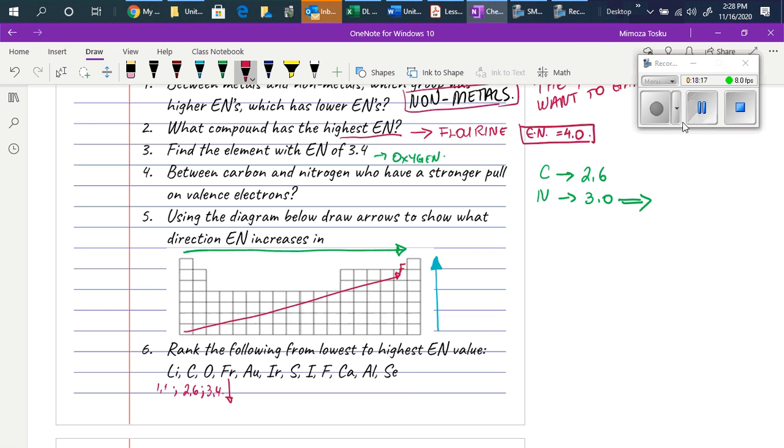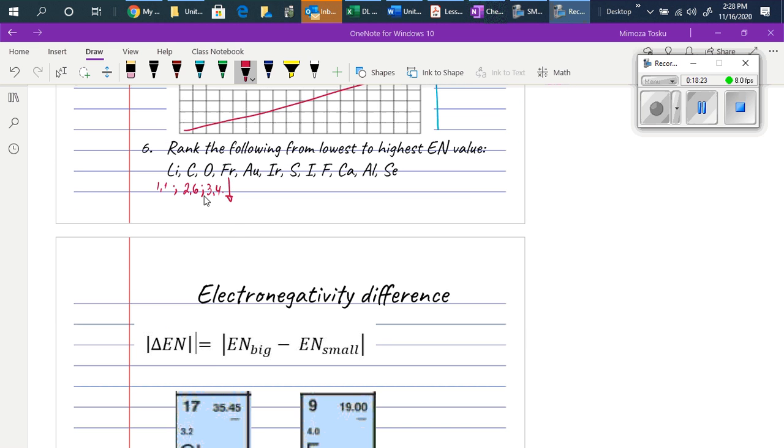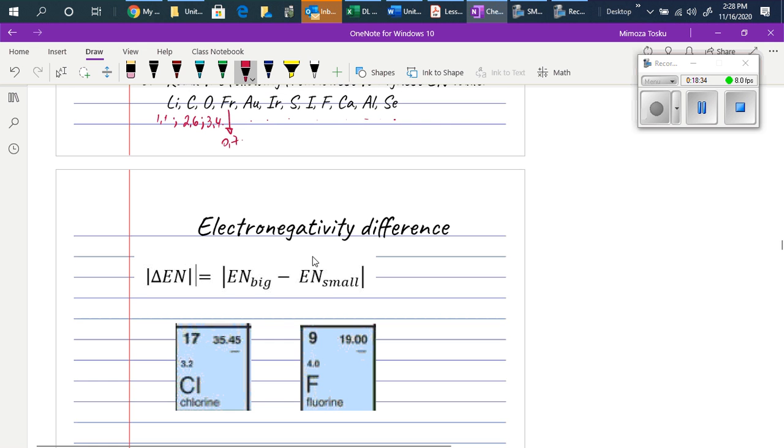So you find the electronegativity and then you sort from the lowest to the highest. Francium is 0.7, and then you keep going like this, sorting them from the lowest to the highest.